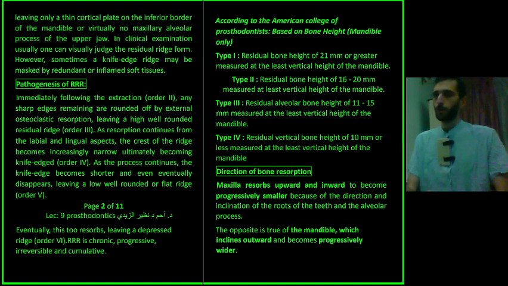Direction of bone resorption. The maxilla resorbs upward and inward to become progressively smaller because of the direction and inclination of the roots of the teeth and the alveolar process. The opposite is true of the mandible, which inclines outward and becomes progressively wider.